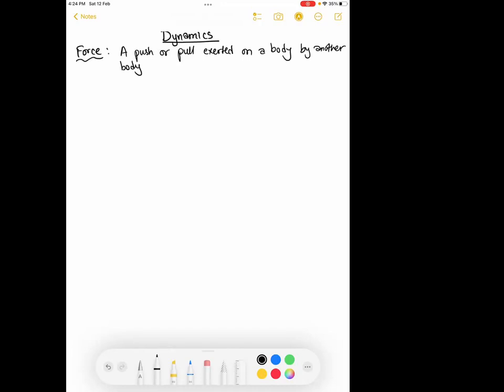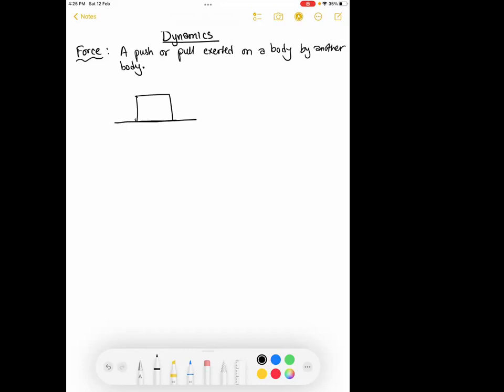Now, even the objects which are at rest, so which are stationary, they have some sort of force acting on them. It's not like they're not experiencing any force. So, for example, let's say an object sitting on a table.